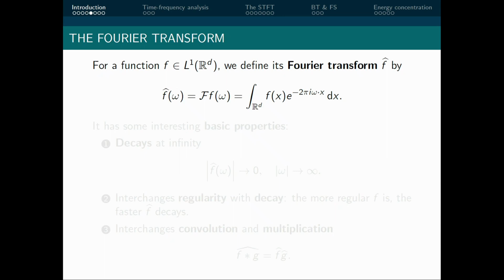This is the formula, which again you don't have to remember. But in signal analysis, if you look at a frequency omega, the Fourier transform of f at omega tells you the amplitude that the signal f accumulates at the frequency omega.